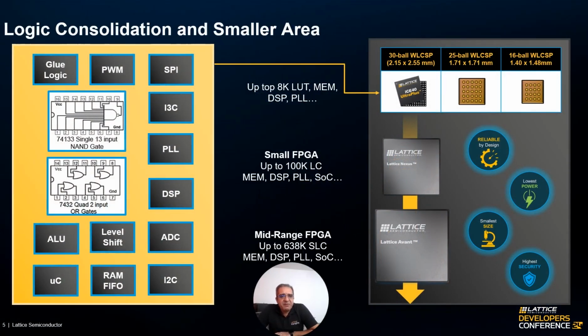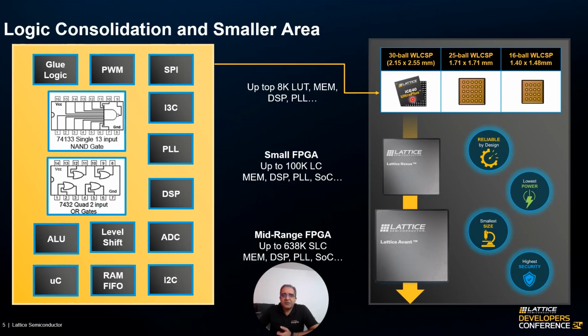You may be familiar with some of the glue logic that you see on the left-hand side of the slide, where you have PWM, SPI chip, you may have 7400, 74 logic, you may have microcontroller, level shifter. All these are discrete components that could be easily integrated in the smallest device from Lattice.